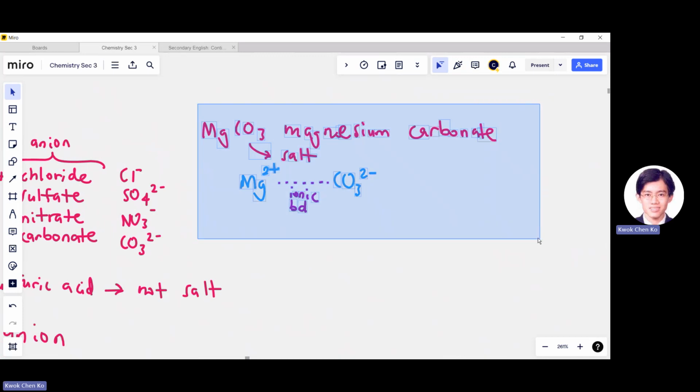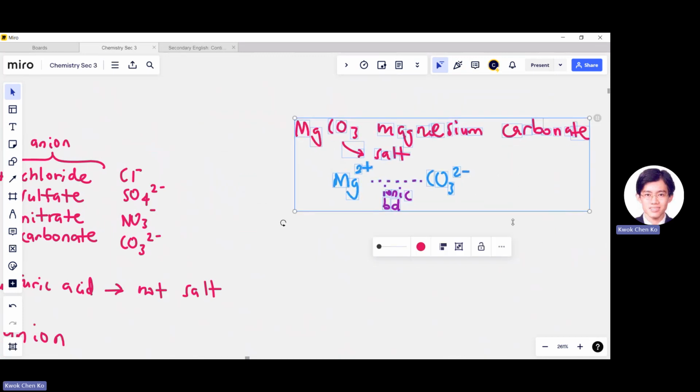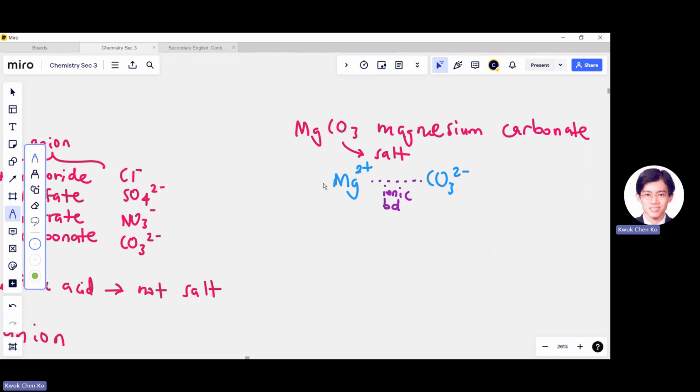And so that is where your ionic bond is, in between magnesium cation and carbonate anion. But as I said earlier, I need to remind all of you, it is also bonded to other opposite ions. So there will be other ionic bonds as well between magnesium and carbonate, but they are all over the place.